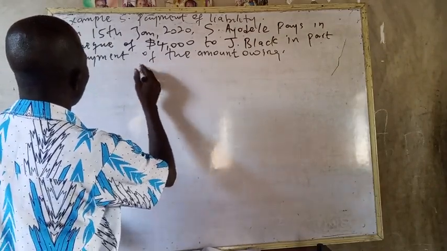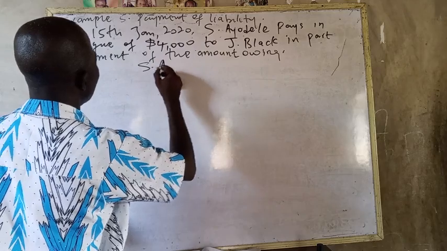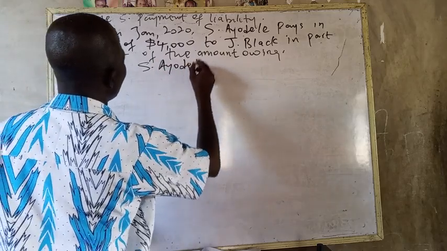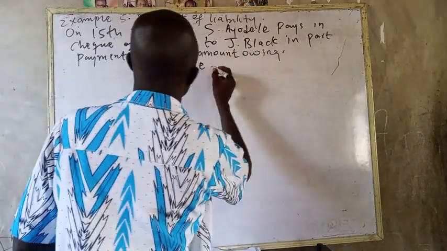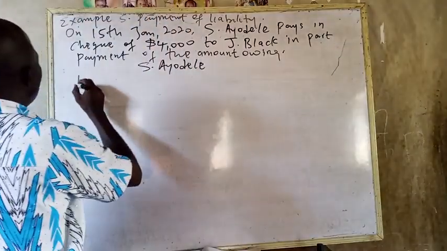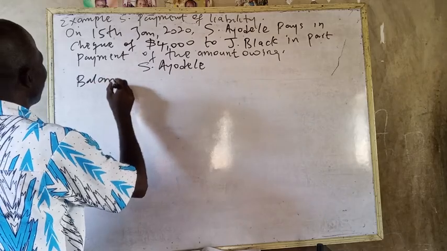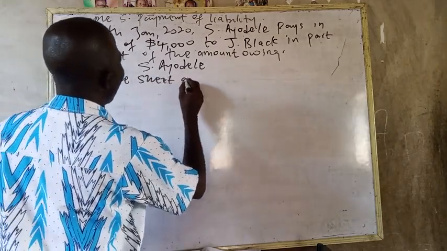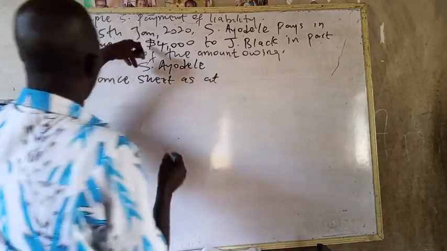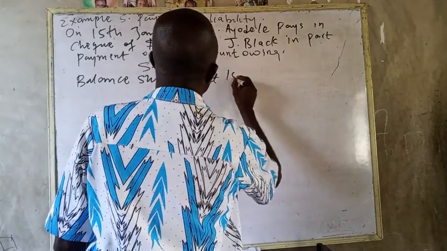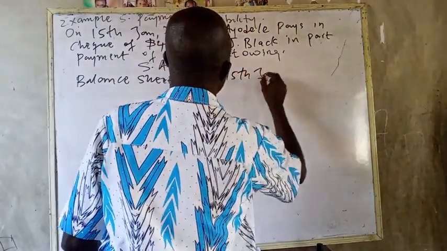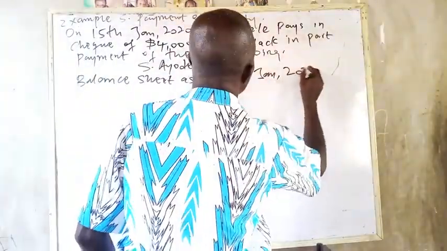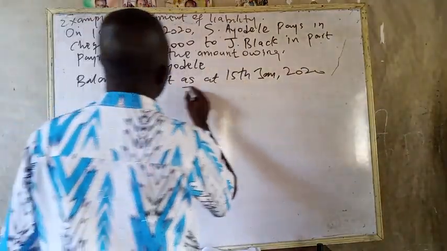So we start with the preparation of the balance sheet. It starts, like I said, with the name of the owner, it may be a company, it may be an individual, S. Ayodele. Then balance sheet as at what date? 15th January 2020.